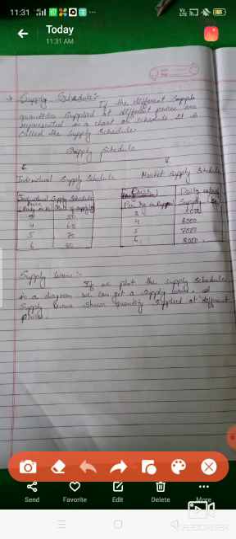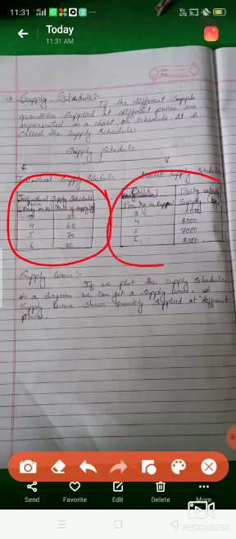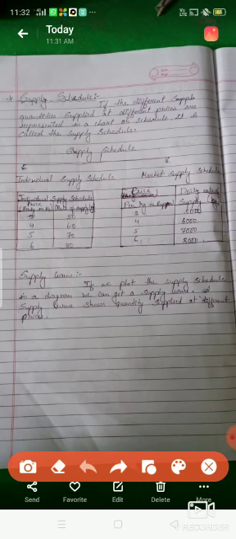Like you can see here, the quantity supplied by individuals is represented in a table. So this is nothing but the supply schedule. And supply schedule is of two types, individual supply schedule and market supply schedule. So here you can see the individual supply schedule.